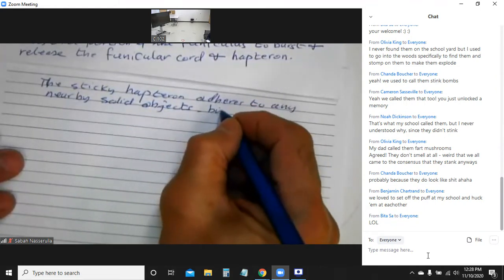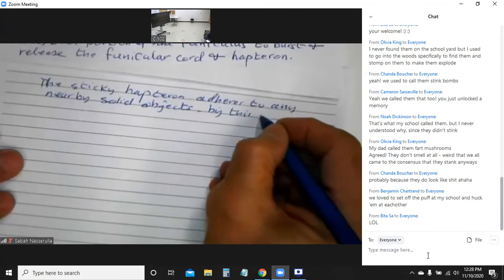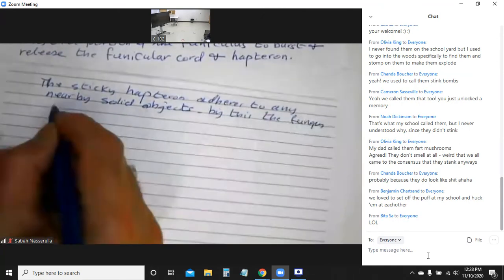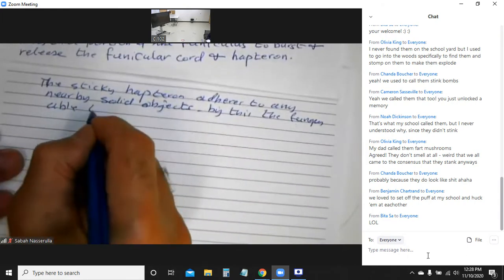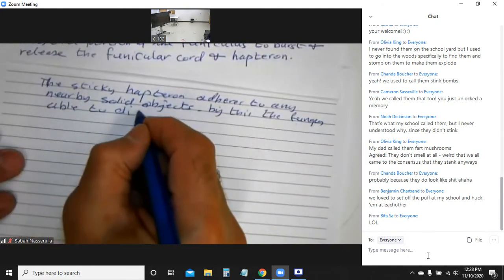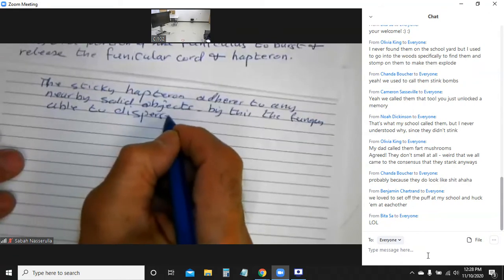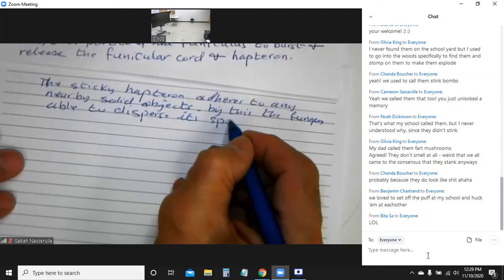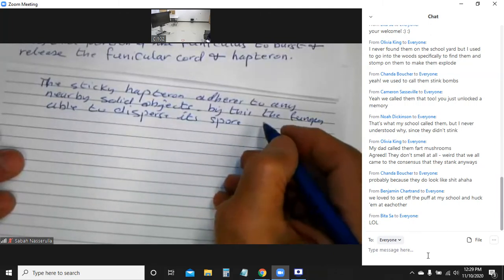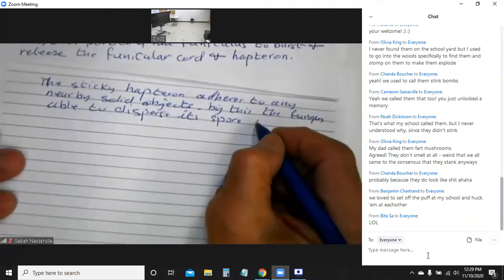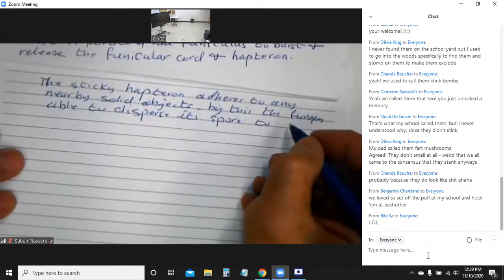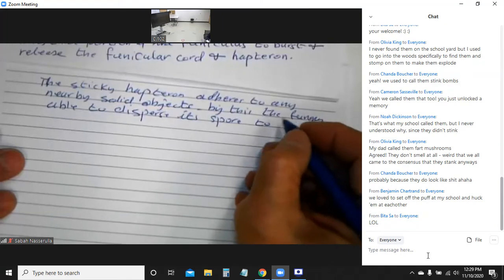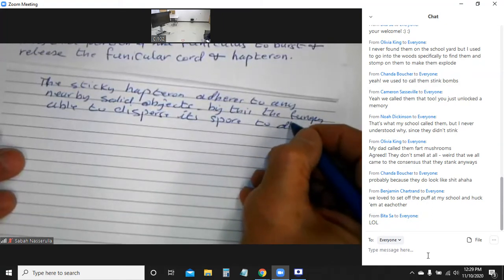And by this, the fungus is able, as a matter of fact, to disperse its spores to distances, to different areas.